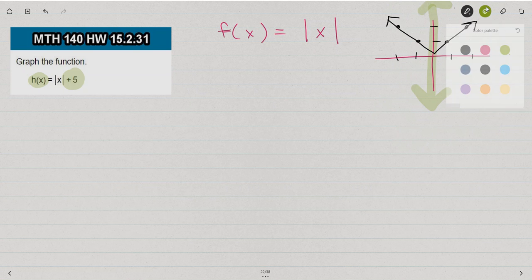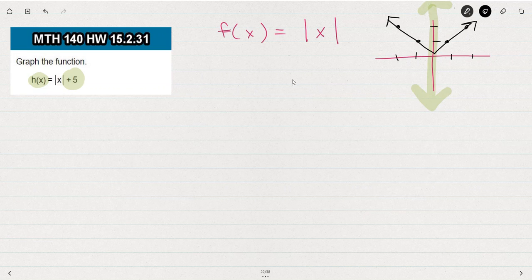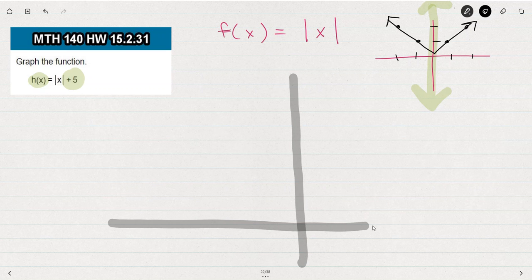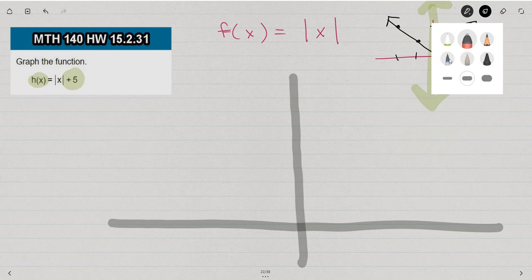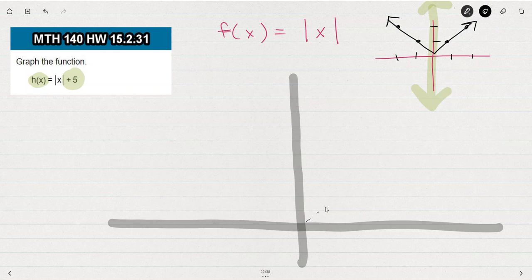So when I take this absolute value of x, let me do this on a bigger xy plane. So here's our xy. If I start with our absolute value of x, which we know is this. This isn't the absolute value of x plus 5.